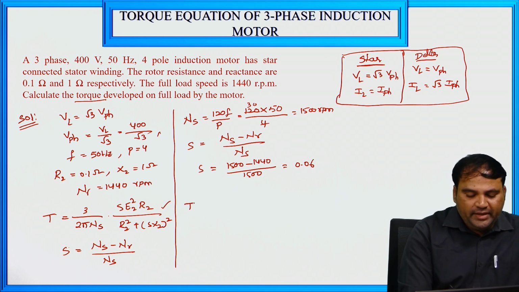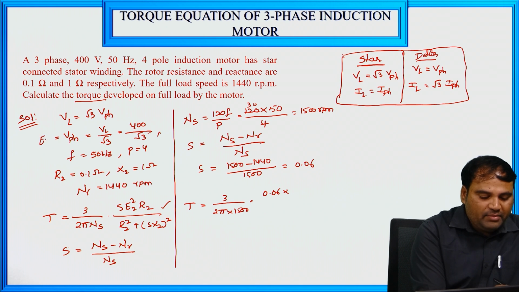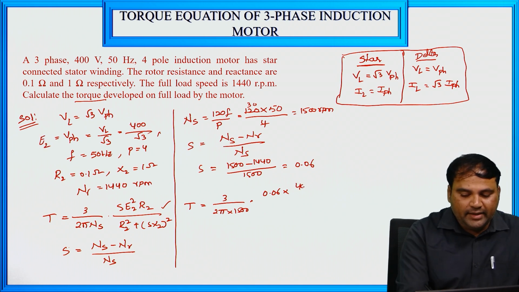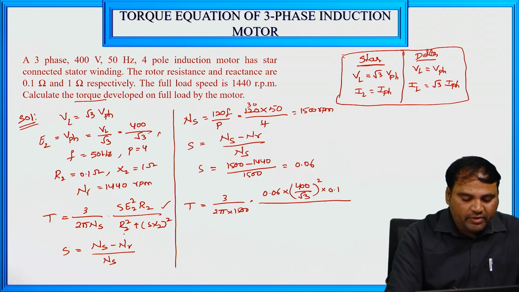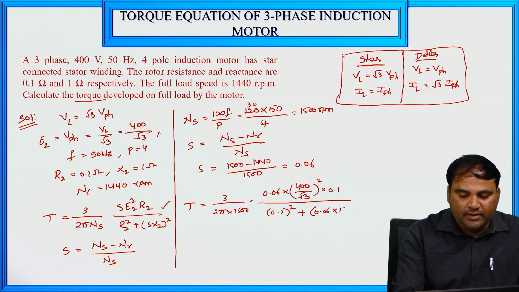So T equals 3 divided by 2 pi into Ns, 1500, into the slip value 0.06, into the rotor EMF E2, that is 400 divided by root 3 whole square, into R2 rotor resistance 0.1, divided by R2 square, 0.1 whole square, plus S value 0.06 into X2 value 1 whole square.